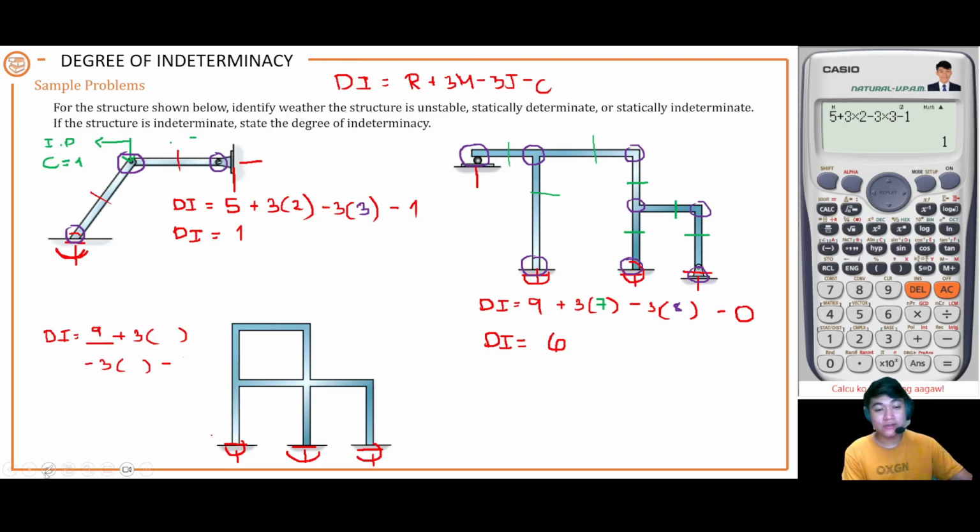Number of members, we have here 1, 2, 3, 4, 5, 6, 7, 8 members. Number of joints, 1, 2, 3, 4, 5, 6, 7, 8 joints, minus 0 special conditions. We don't have any internal hinge, internal roller, or internal glide here. So therefore, the degree of indeterminacy is equal to 9. Okay? That's how you identify the degree of indeterminacy of a frame.